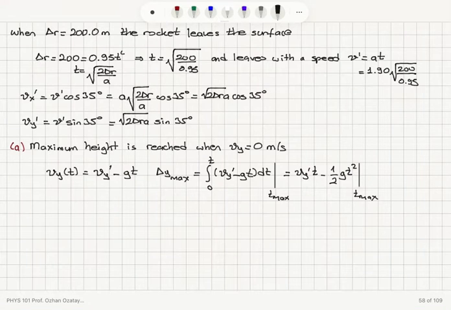So when is the y component of velocity 0? When Vy prime minus g t max is equal to 0, so the maximum height is reached when the time is Vy prime divided by g.